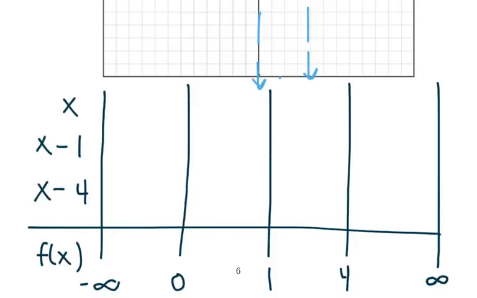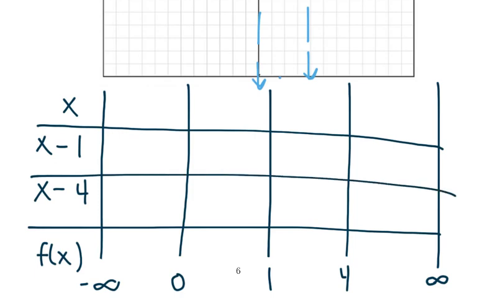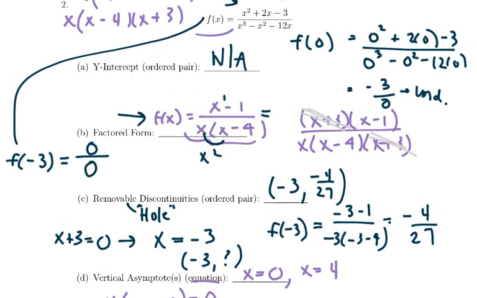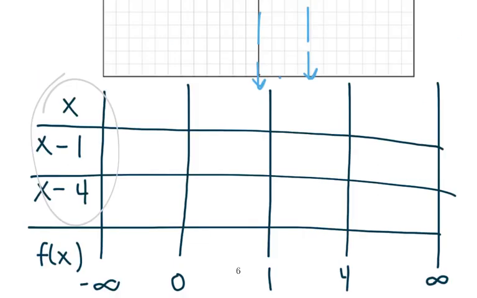All right, so you can see I've kind of got the outline for the sign chart started here, right? It's going to be along that first column right here. We're going to put all of the factors of our function. So again, we got rid of x plus 3. So that, dead to us. We're done with it. The only reason we needed it was for the hole. But now we don't put it in our factors column.